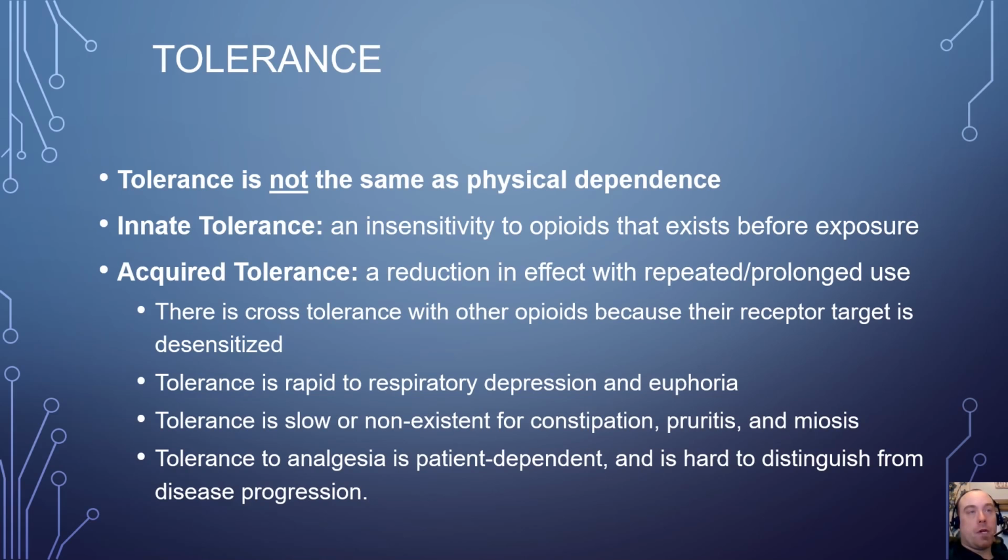For example, if you're taking codeine, maybe you don't have enough cytochrome P450 2D6, so you can't activate the codeine. Maybe you eliminate the opioids faster than someone else for some other reason. But that means it's happening before you've even taken a single opioid. So the first time you have one, you already have a tolerance.